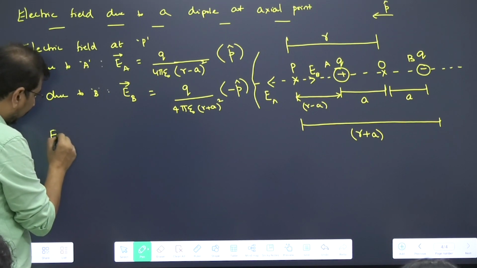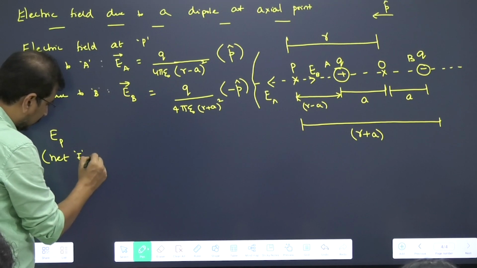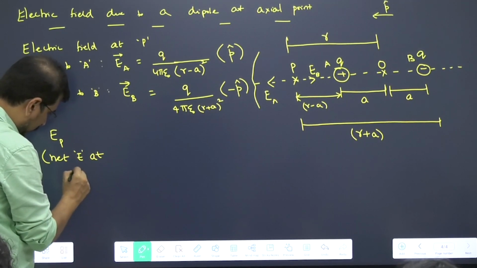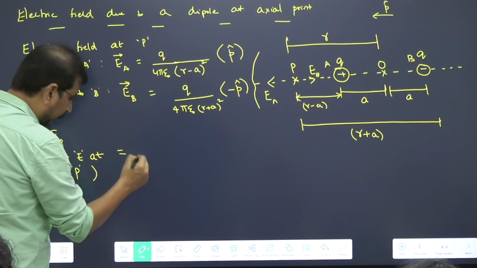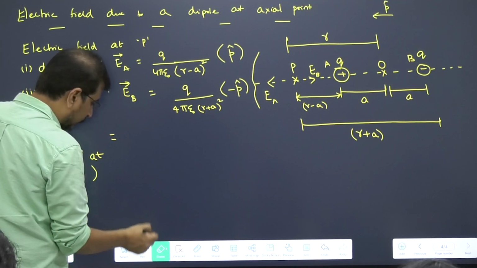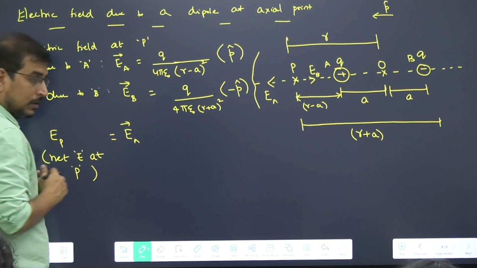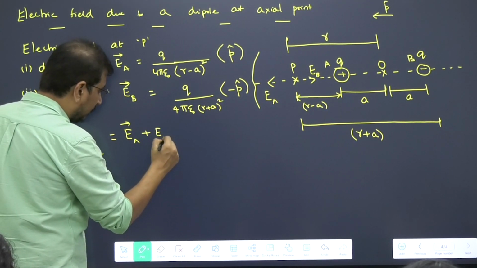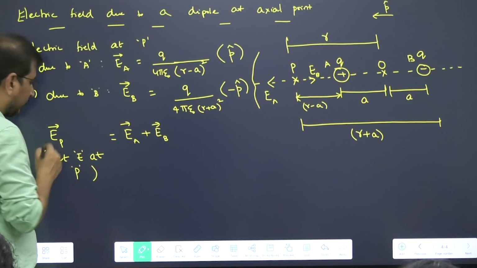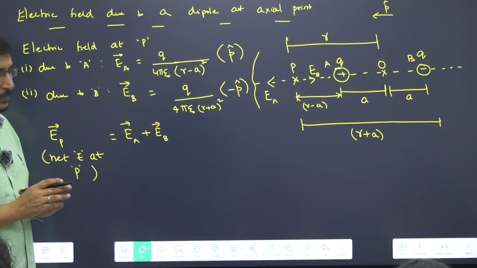Now, you observe this is a vector quantity, there is another vector quantity. So what is going to be the net electric field at P? It is going to be EA vector plus EB vector. Here also I need to put a vector symbol. This is basically the principle of superposition, right?